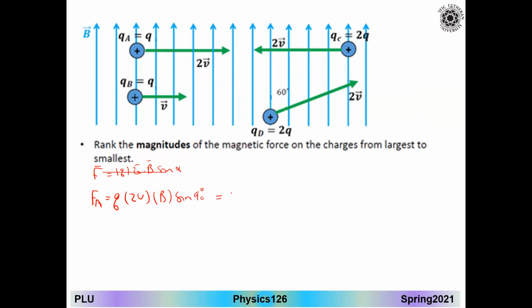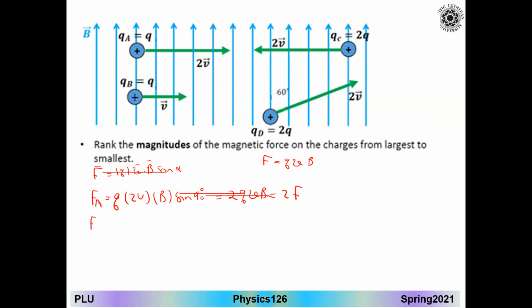So in this one it will be 2QVB. Let's call this 2F, just making sure that F equals Q times V times B. So this is the first one.